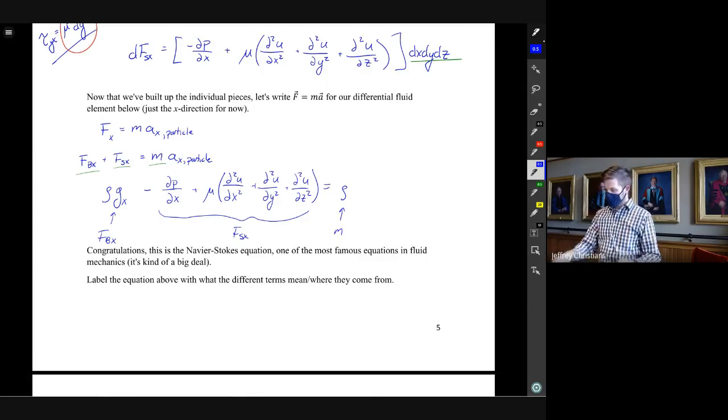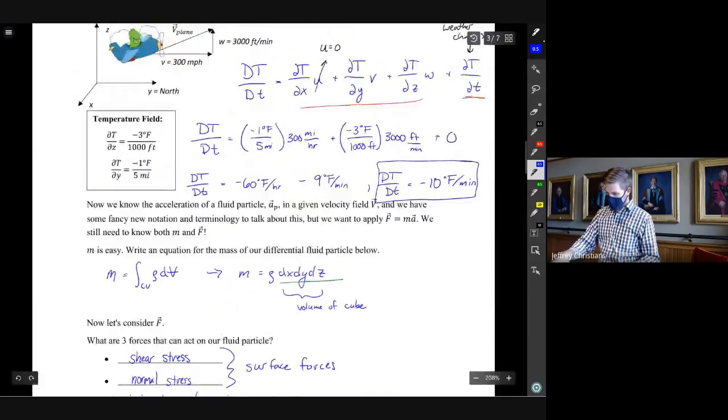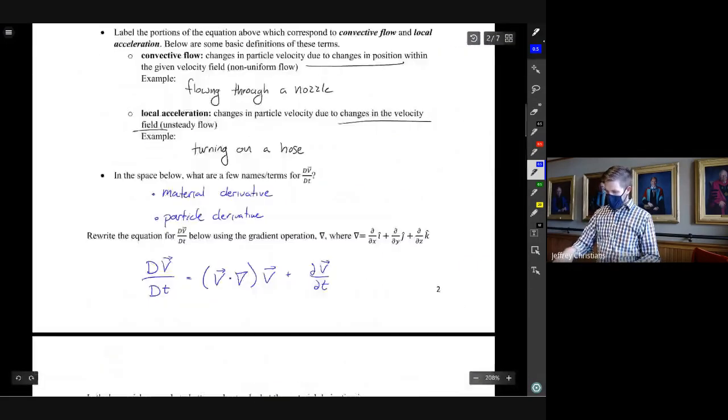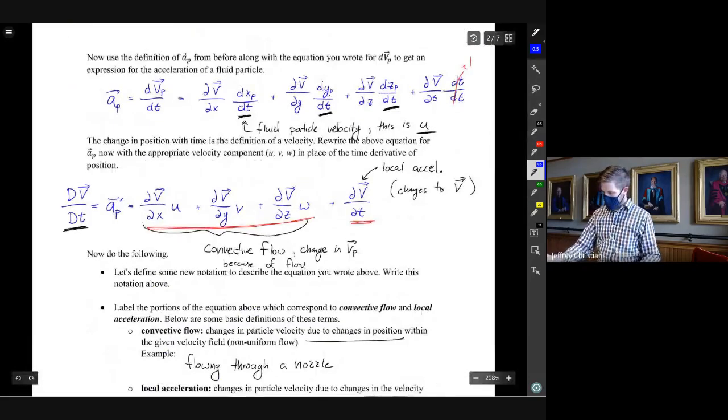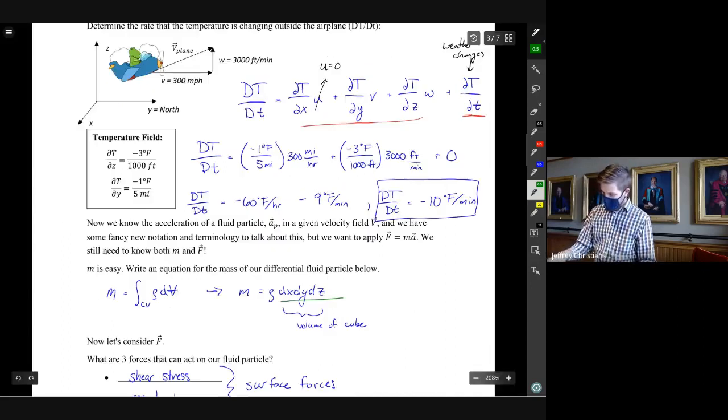And then A. If we scroll up again, A was this whole big funny thing. This was the acceleration of our particle. So we'll plug in just the x component of that. Instead of the velocity vector, we'll just have the x component.